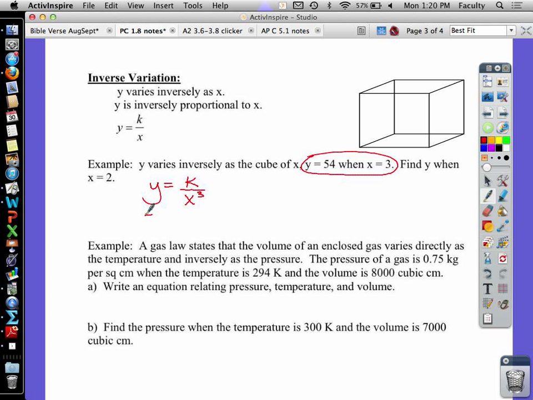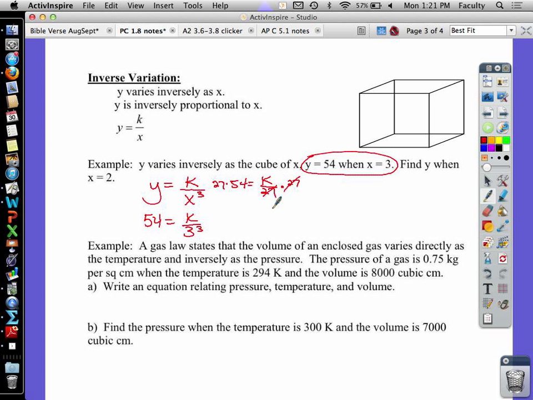Then they're always going to give you a group of numbers that you can plug everything in to find k. So this is 54 equals k over 3 cubed. 54 equals k over 27. If I want to solve this for k, what do I need to do to both sides? Multiply by 27.